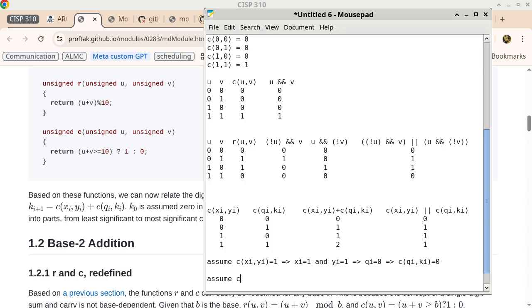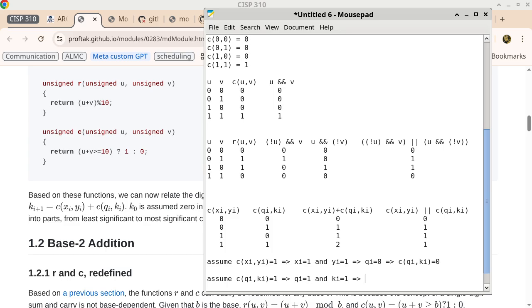So now we work out, what if C of Qi Ki is known to be a 1? Well, the only time the C function gives you a 1 is when both parameters are 1s. So that means we know right away Qi is a 1 and Ki is a 1.